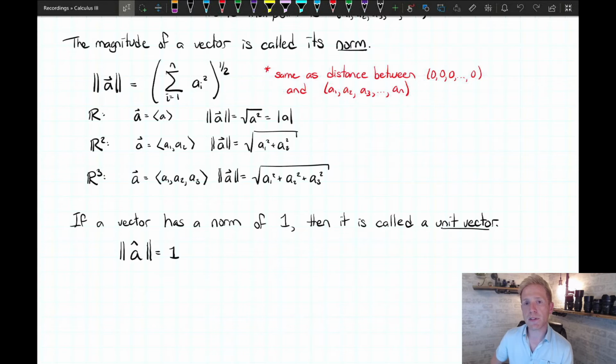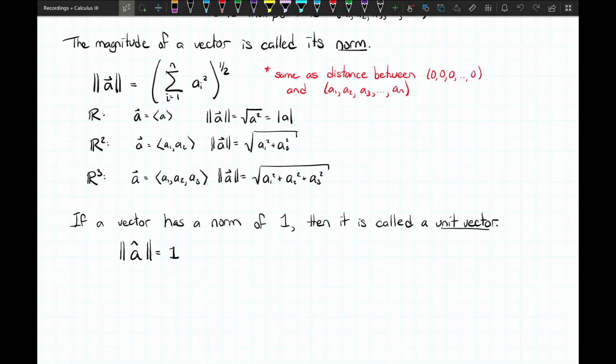And same thing with just making this a bold typeface if it's printed. Bold would typically mean it's a vector, but again, it doesn't tell you quite as much information. It doesn't tell you that it has a length of 1. You'd have to either intuitively know that or be able to deduce that from something else. So typically, I would recommend using this hat notation when you specifically mean for it to be a unit vector.